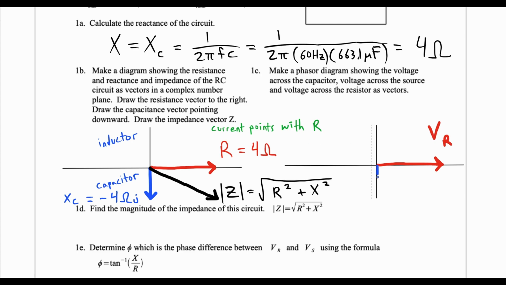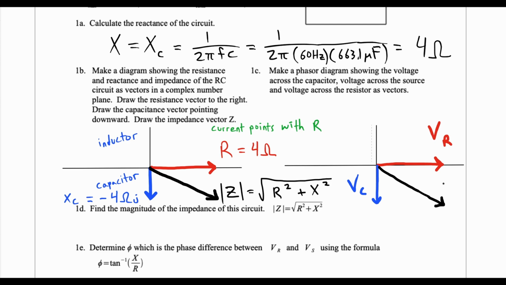And you can draw a vector pointing this way, showing the voltage in the capacitor, called VC, and then we'll do one more. But what goes here is the voltage associated with the impedance.